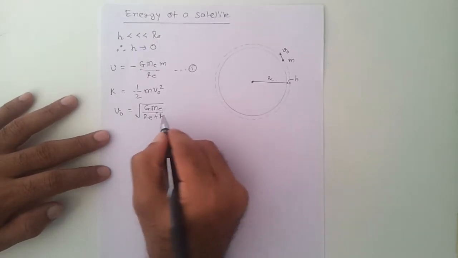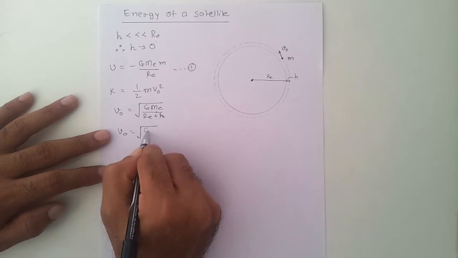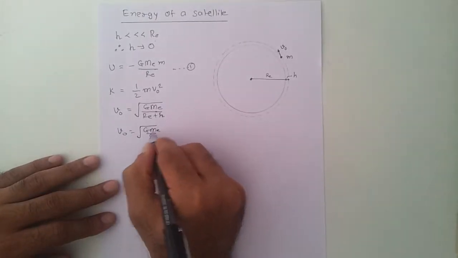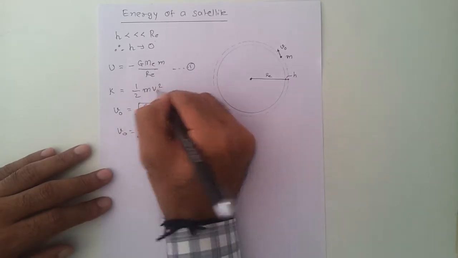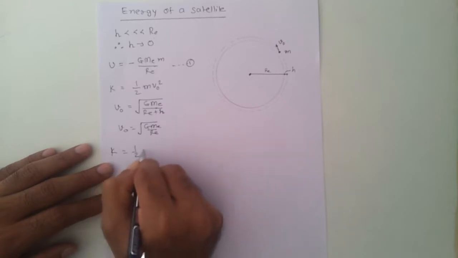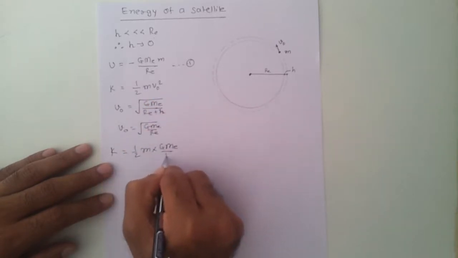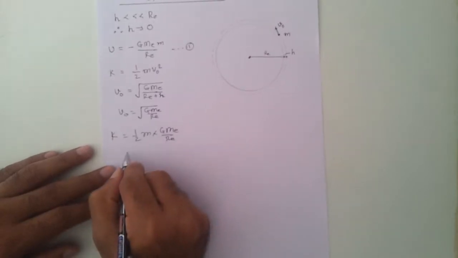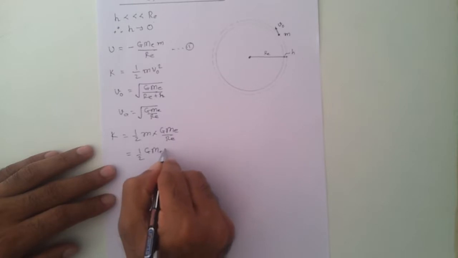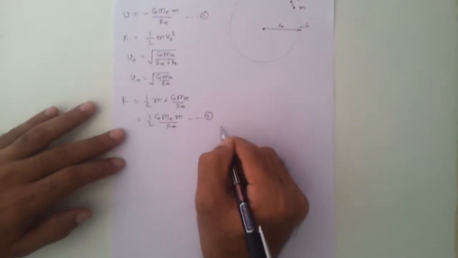Now, since h is 0, v0 will be equal to square root of G Me upon RE. And if I use this value in the equation of kinetic energy, half m v0 square, that means G Me upon RE, and therefore I'll get the equation half G Me m upon RE. So this is the equation for kinetic energy, right?